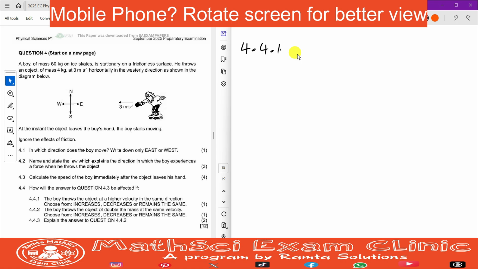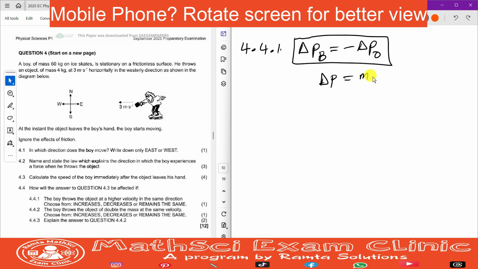Whatever change you need to make, you need to recall that change in momentum equals mass times change in velocity.